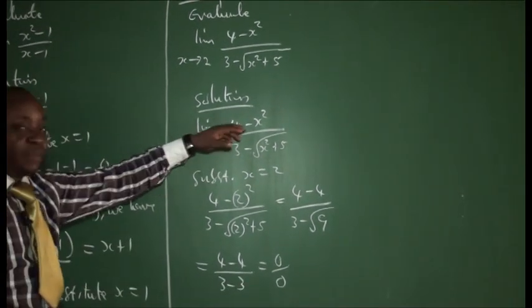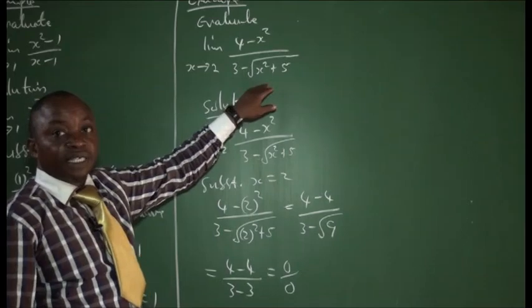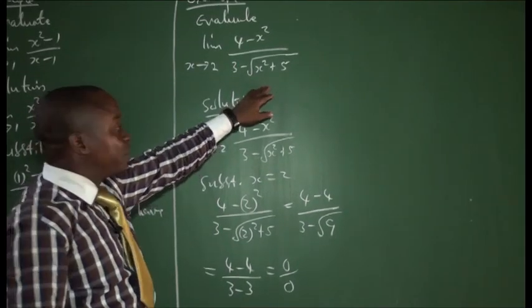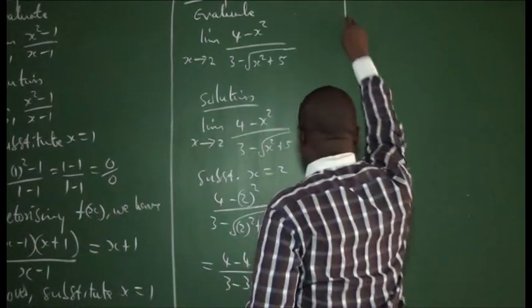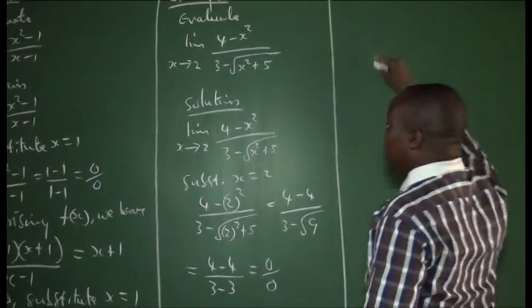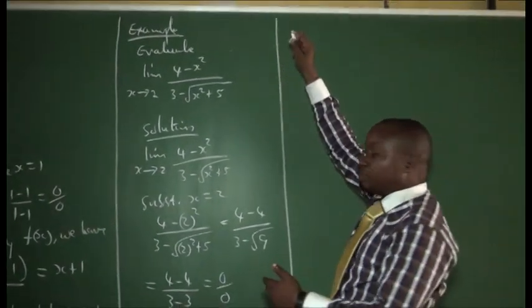Now, in this type that involves a radical, we are going to rationalize, just the same way we did in the rationalization earlier.